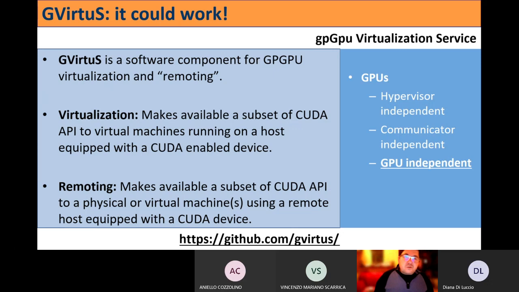Virtualization means using the same device on board the physical machine by several virtual machines. Remoting means sharing a physical device with remote machines that could be virtual or physical as well.